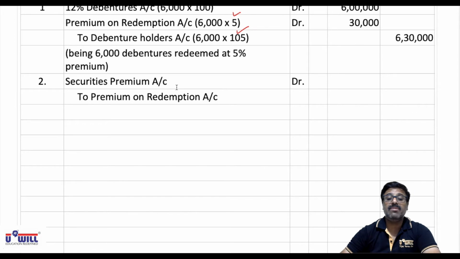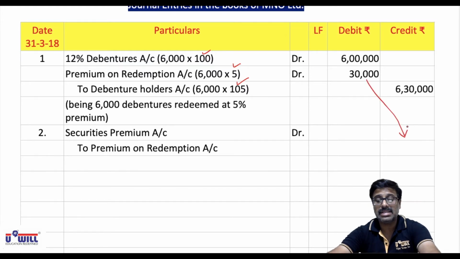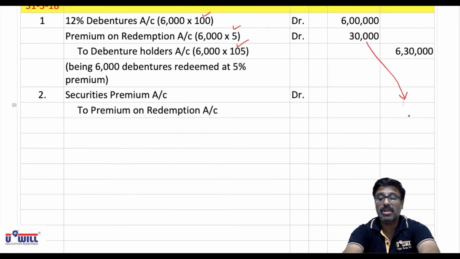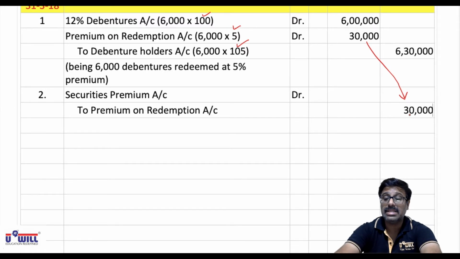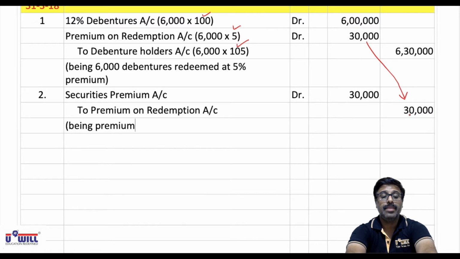Securities premium we will use in writing off. So this premium on redemption we will close and credit with 30,000 rupees, and securities premium will also be debited with 30,000 to write it off. Being premium on redemption written off.